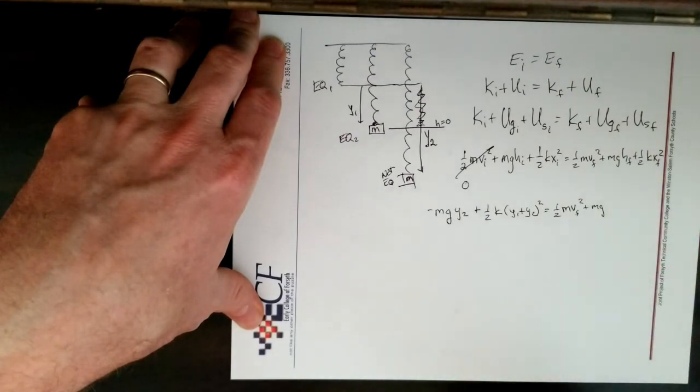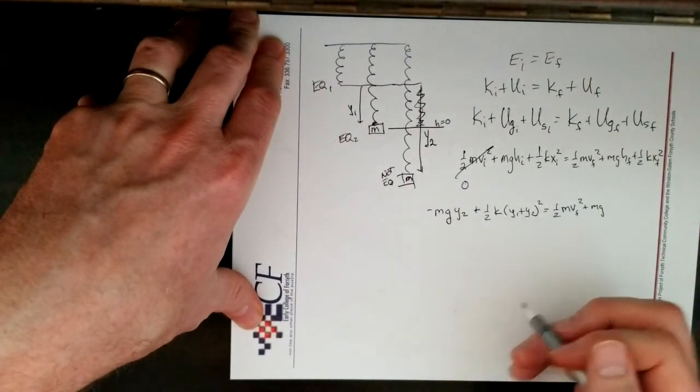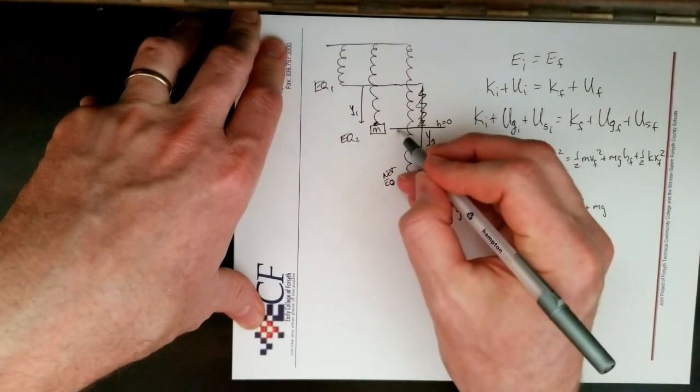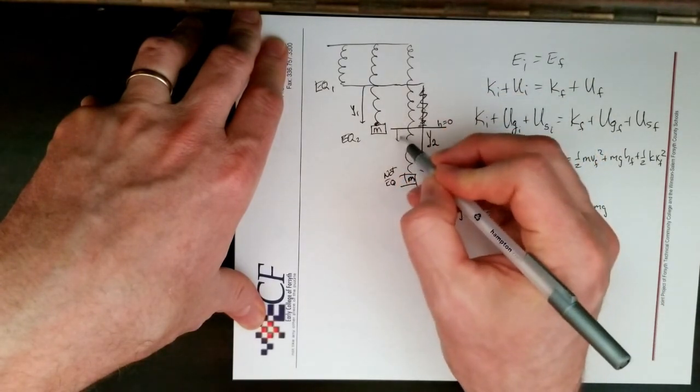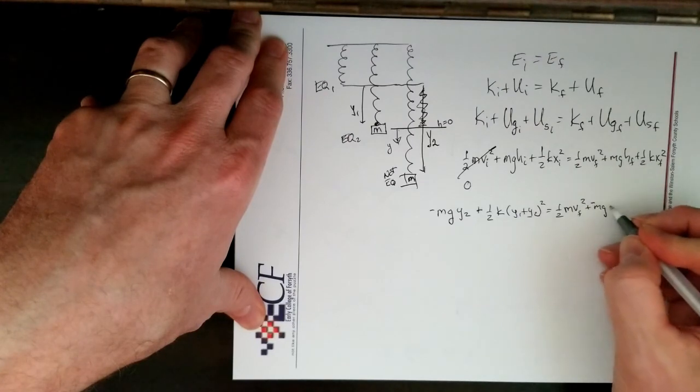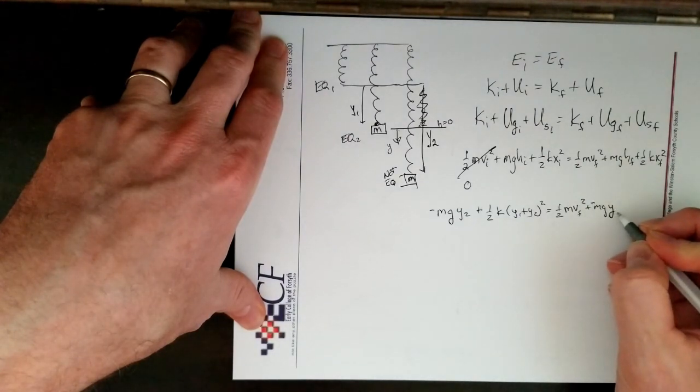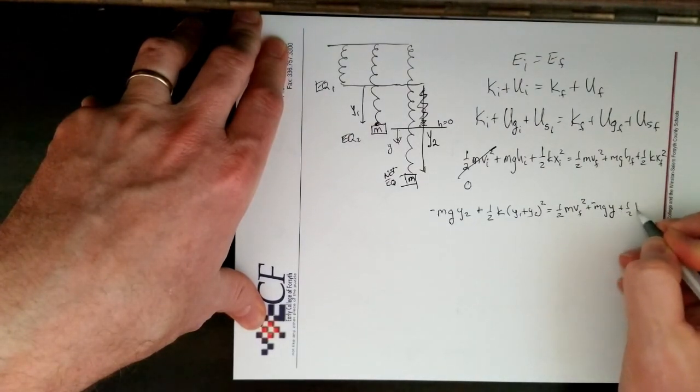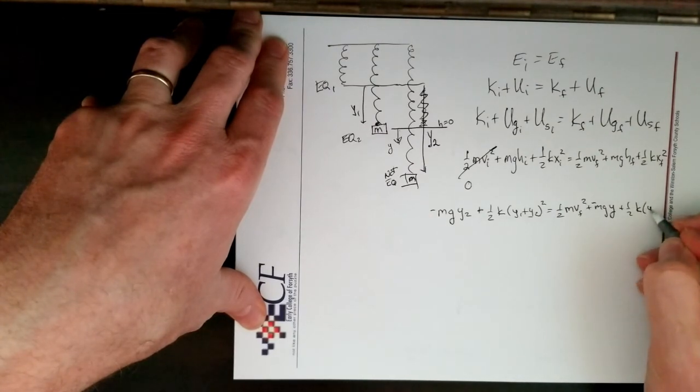Now we don't know exactly where it is, so we will just pick some value. So some value from here, we'll just say is some y. So mg negative y plus 1/2 k times y1 plus y squared.